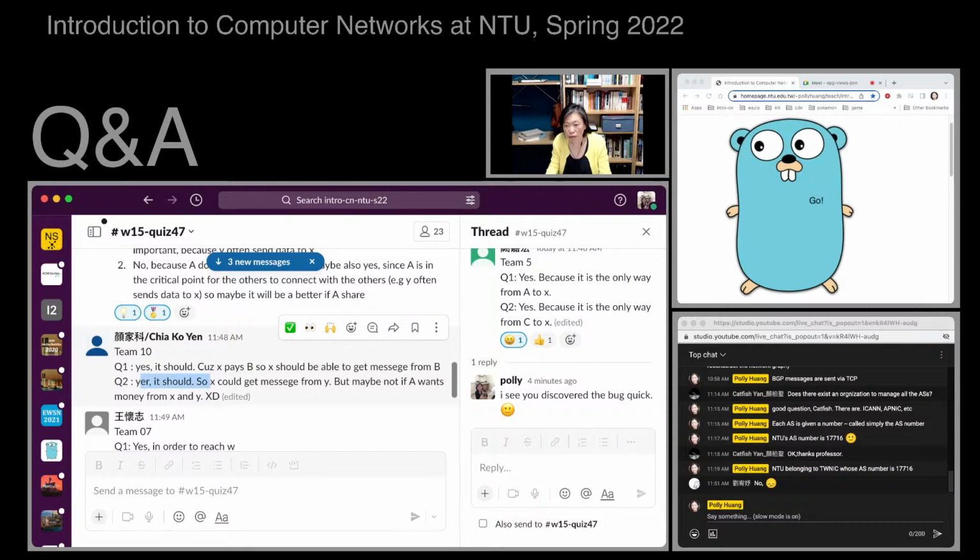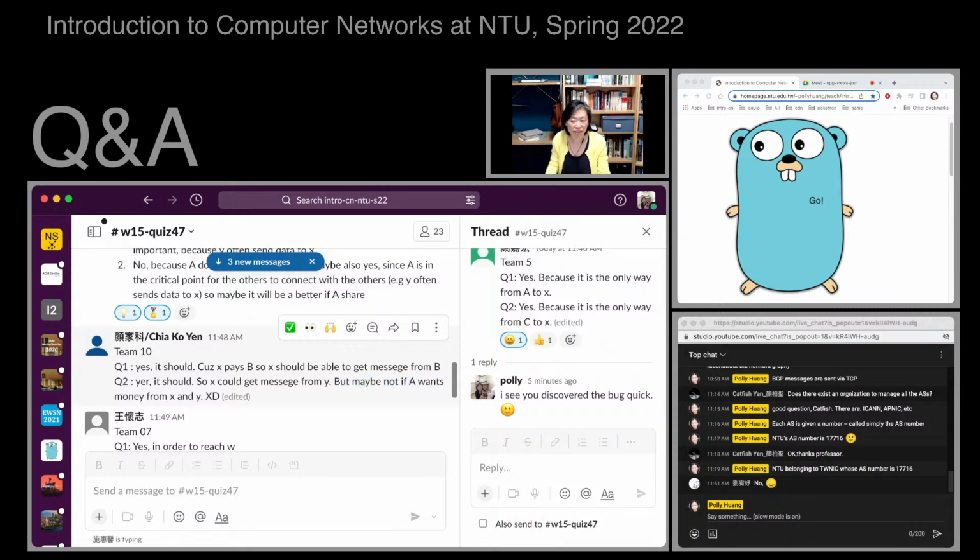For Q2, Keke was saying, yeah, it should, right? Otherwise, the network is just disconnected. But maybe not. I think maybe it's more that A wants to negotiate with C, so that A gets some money from C. And C can raise the price of Y subscribing to C, isn't it?